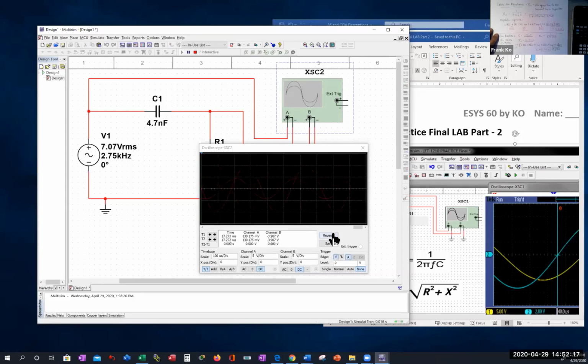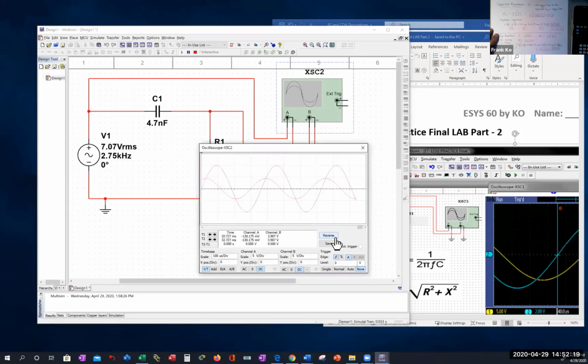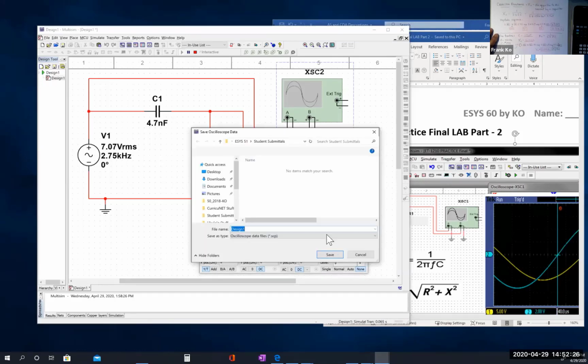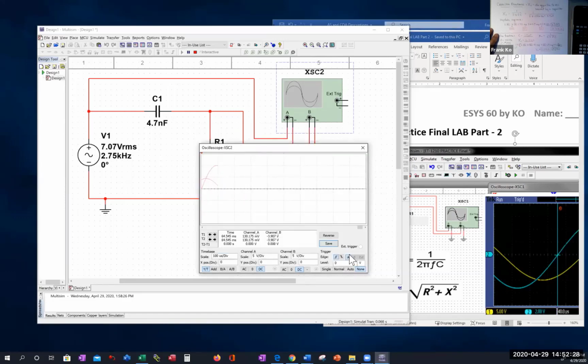And let's hit reverse. Okay, we can see it a little better. Don't want to hit save. Let me see if I can hit pause, run, pause, run, pause, and that's good. And move this over.